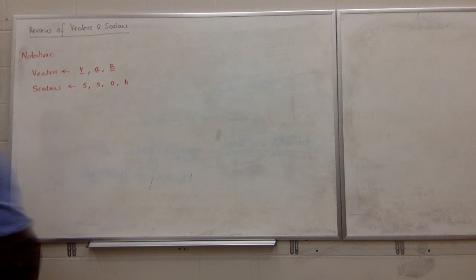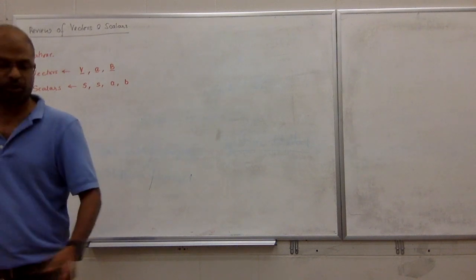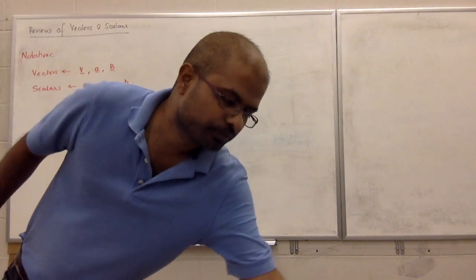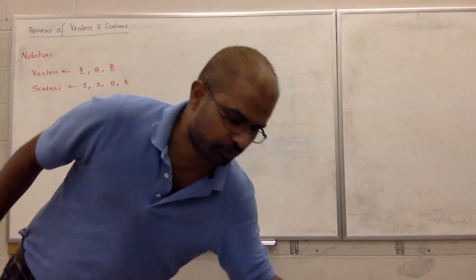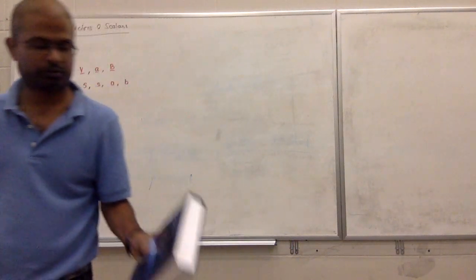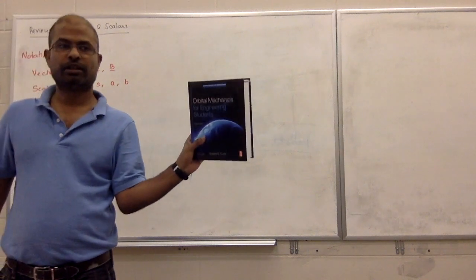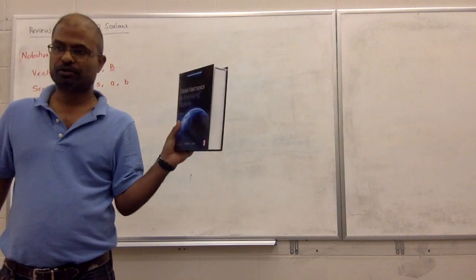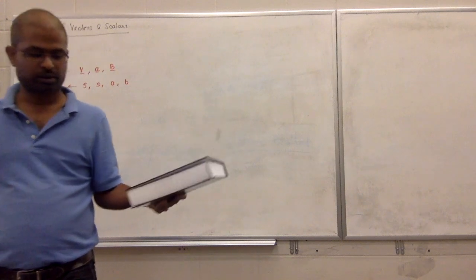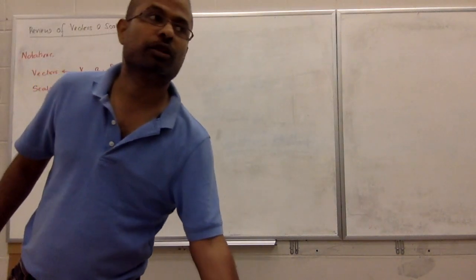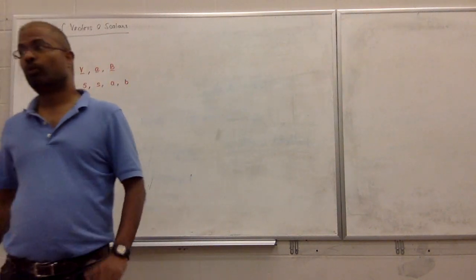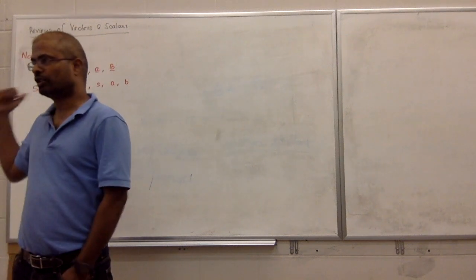In the textbook, what you want to notice is this is the textbook we'll be using. Algebra mechanics for engineering students. Okay, it's the 3rd edition. In this, vectors are denoted by bold case. There is no underline.